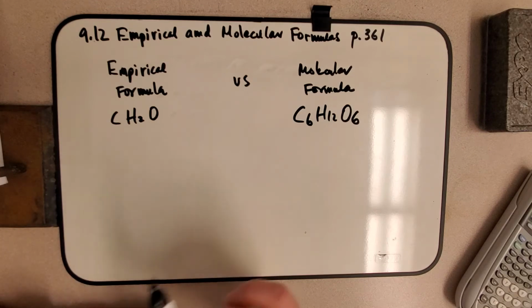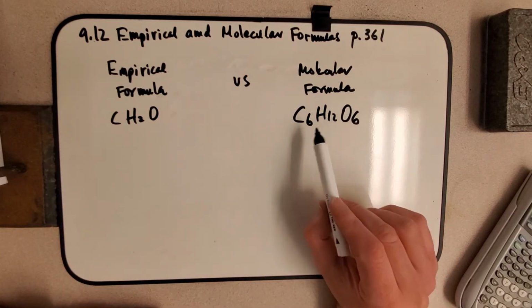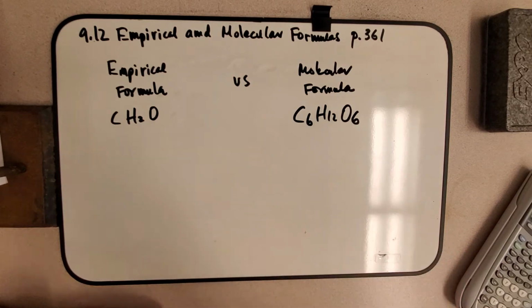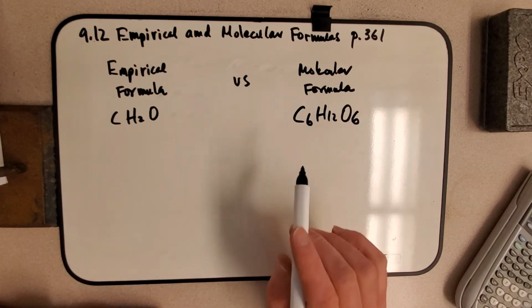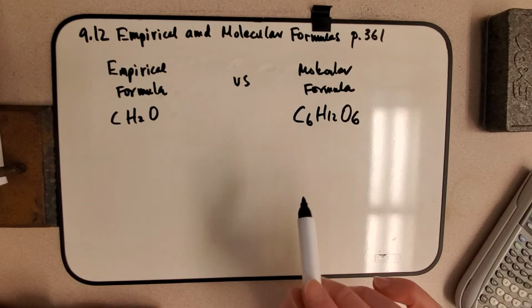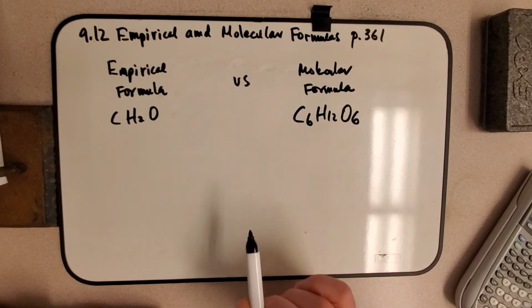For example, if the molecular formula contains 6 carbons, 12 hydrogens, and 6 oxygens, and you need to figure out the empirical formula, you will have to simplify the molecular formula to the lowest whole number ratio of each element in this particular molecule.